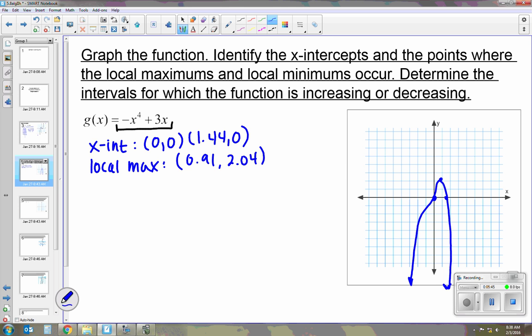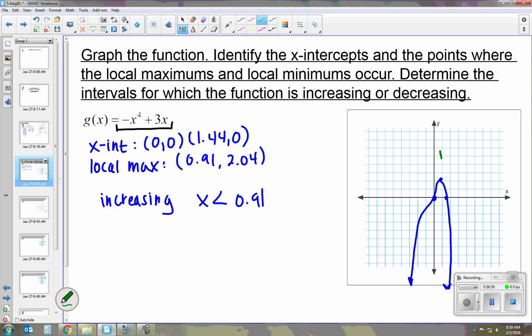So using this, we can find where our function is increasing or decreasing. And wherever we're increasing or decreasing, we're going to use our local maximums and minimums, our x values. So this function is increasing where x is less than 0.91.